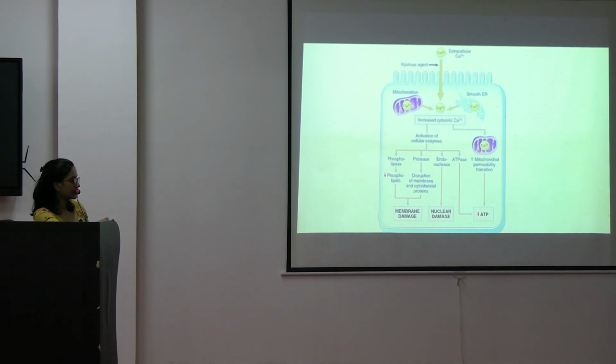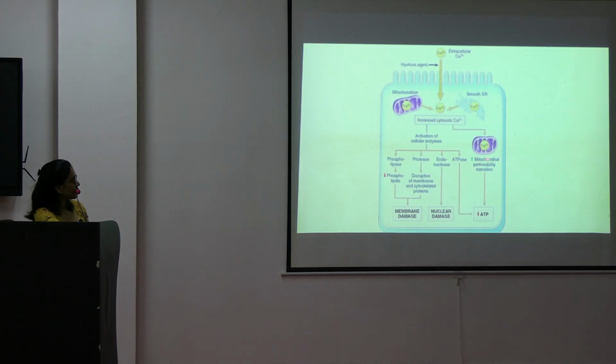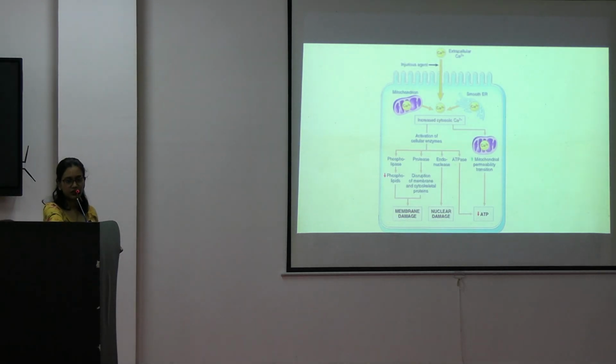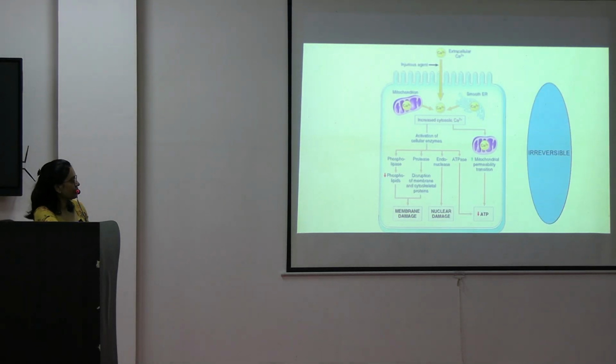So this reduced ATP will increase the mitochondrial permeability transition. This mitochondrial permeability transition will again facilitate movement of calcium from the mitochondria into the cytosol, and this vicious cycle is going to repeat itself. Okay, so these are the changes of irreversible cell injury.